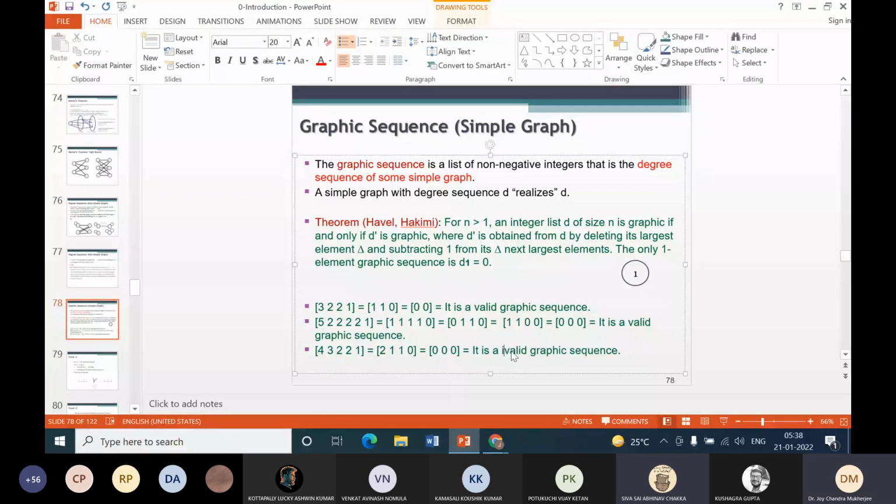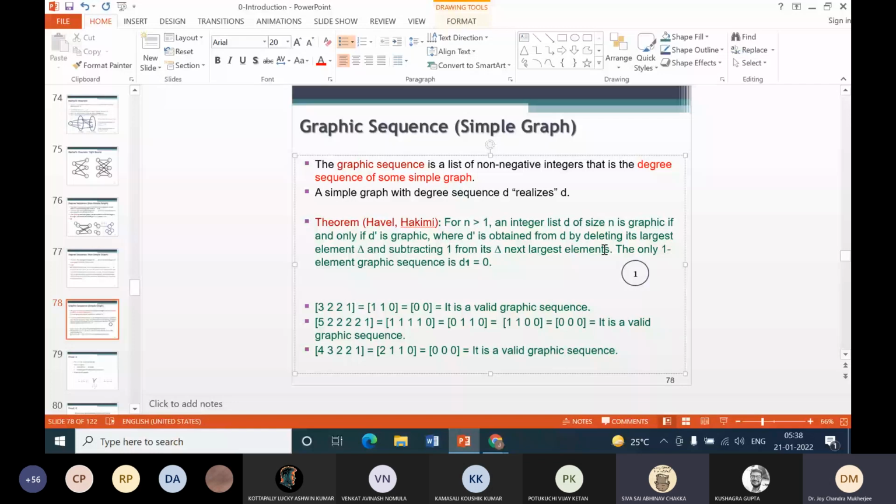So what they are trying to say is, if this is a simple graph, now we have to prove this statement. For n equal to 1, we have already proven that, because we know d1 must be 0 and the simple graph looks like this.